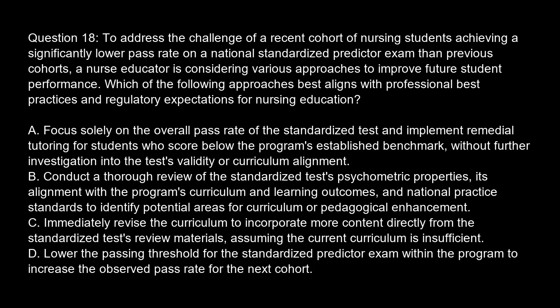Option C. Immediately revise the curriculum to incorporate more content directly from the standardized test's review materials, assuming the current curriculum is insufficient. Option D. Lower the passing threshold for the standardized predictor exam within the program to increase the observed pass rate for the next cohort.